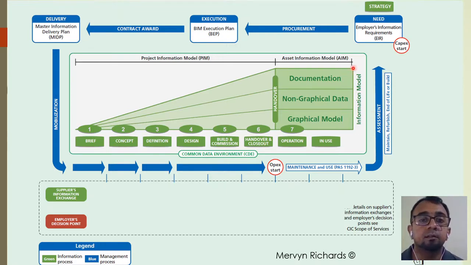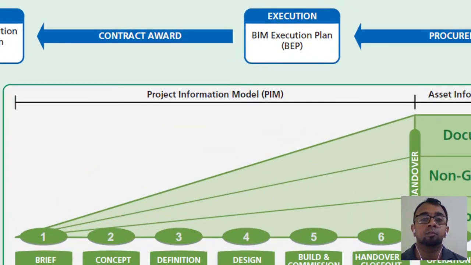I think that is clear to you. So until the OPEX starts, that is until the building is handed over to the client for the operation, what we have is called the project information model, or PIM.